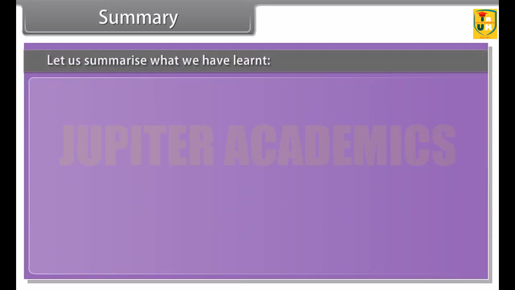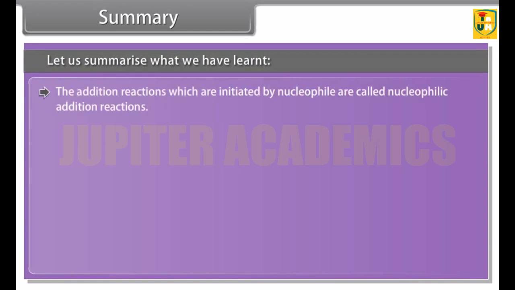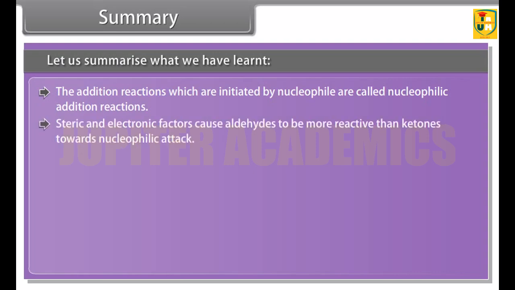Summary. Let us summarize what we have learnt. The addition reactions which are initiated by nucleophile are called nucleophilic addition reactions. Steric and electronic factors cause aldehydes to be more reactive than ketones towards nucleophilic attack.